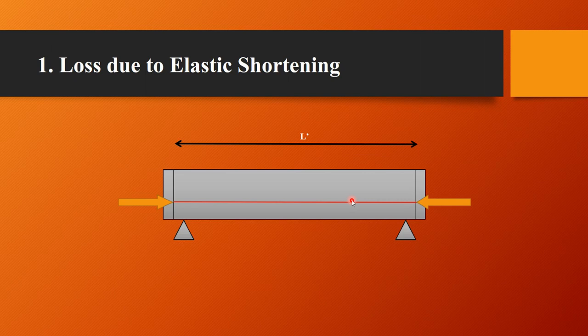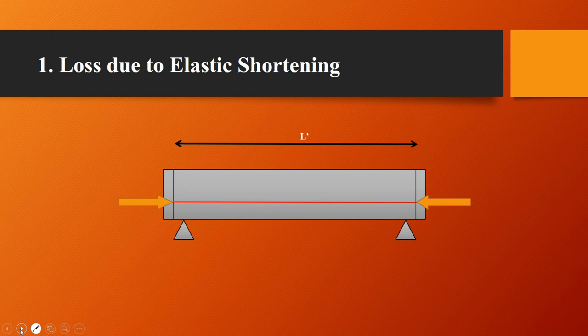So it results in loss of stress or pre-stress which we have applied in the tendon. Okay, and that amount of loss we have to consider while designing the members. So this is a simple concept we have to consider in case of elastic shortening of concrete.